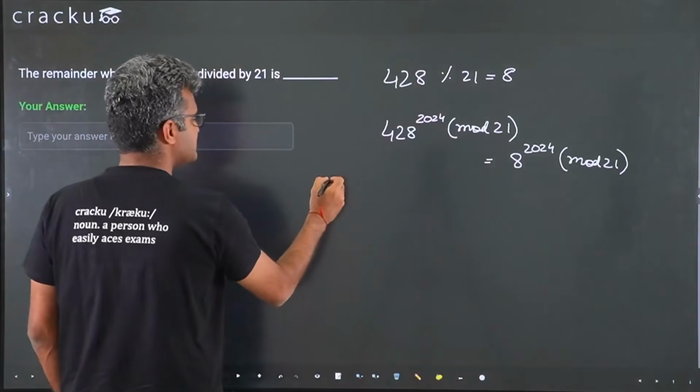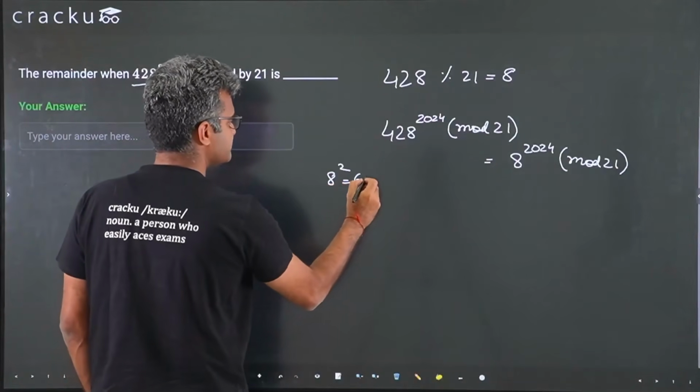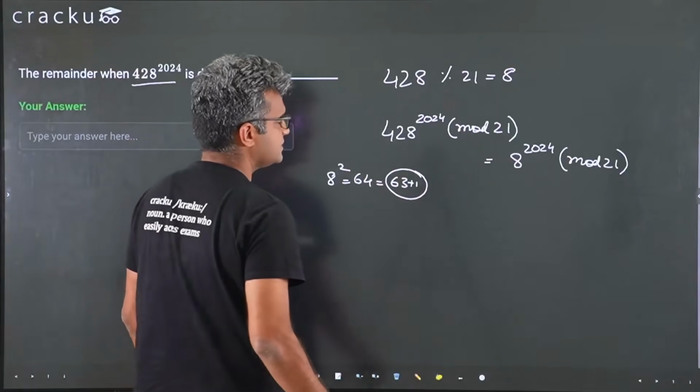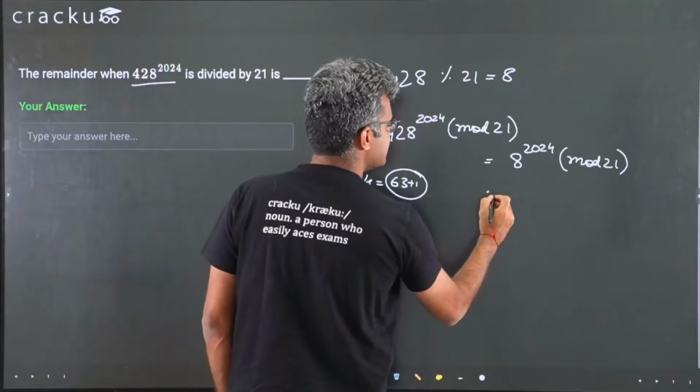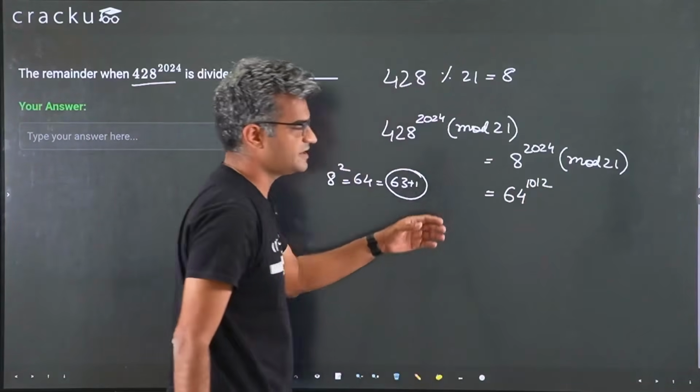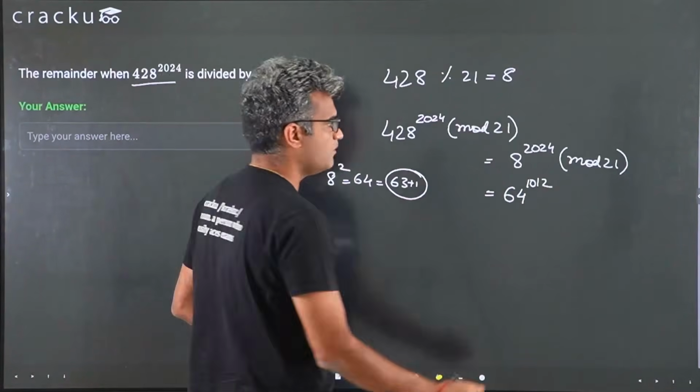Now 8 squared is equal to 64, which is 63 plus 1. Therefore, this is equal to 64 to the power 1012 mod 21. I have just divided 2024 by 2.